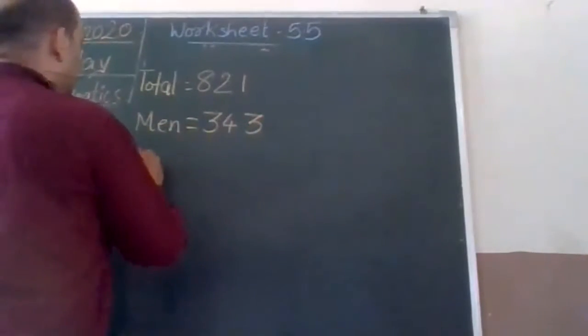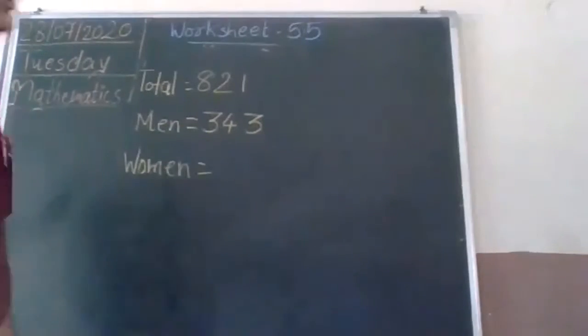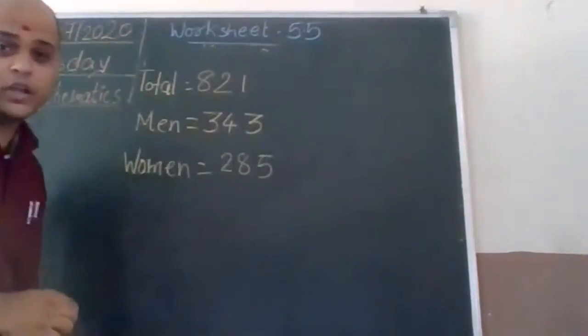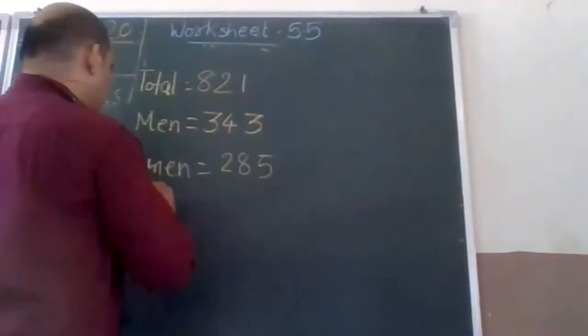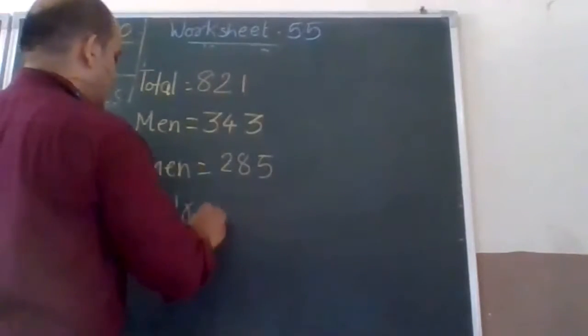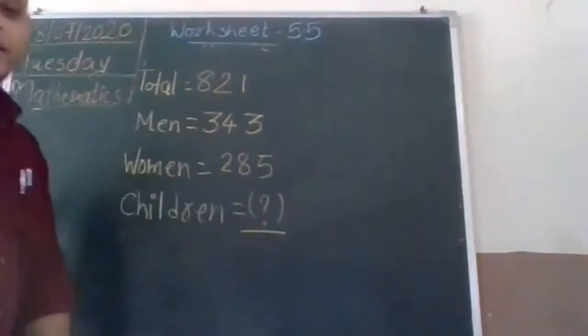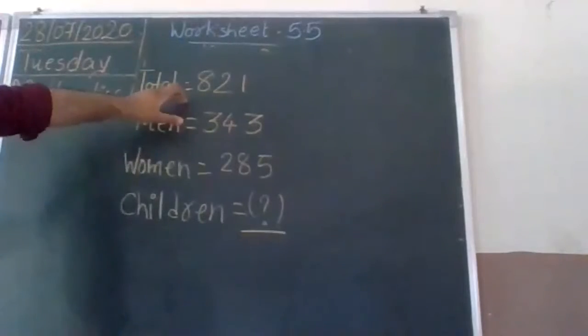Women, how many are there? 285. Now we have to find out how many children are there. How can we find this? We subtract these two numbers from this one.